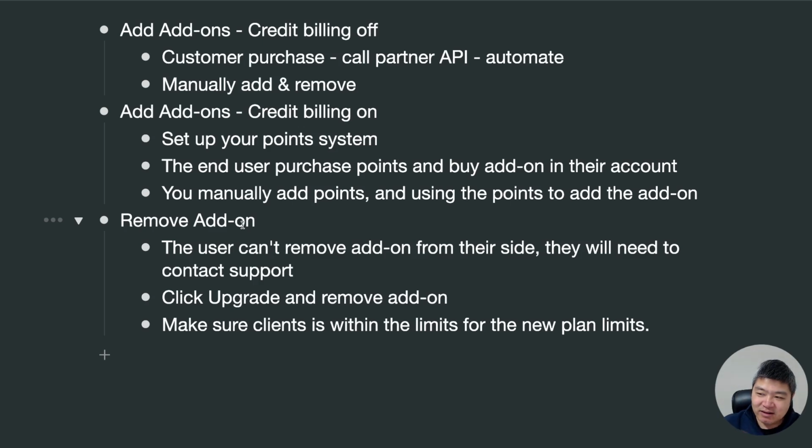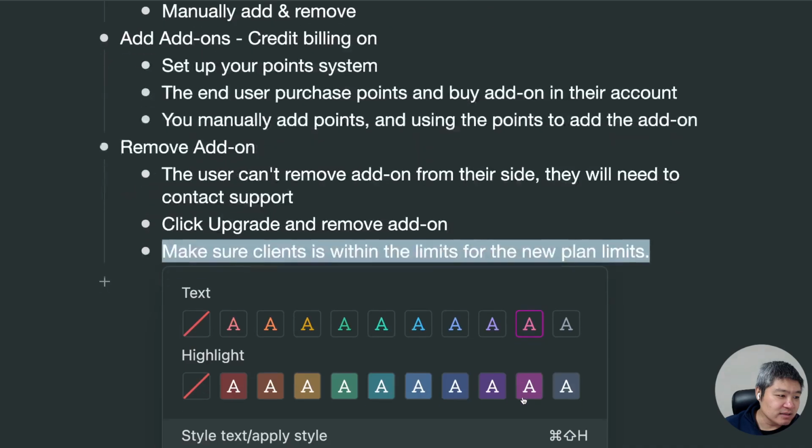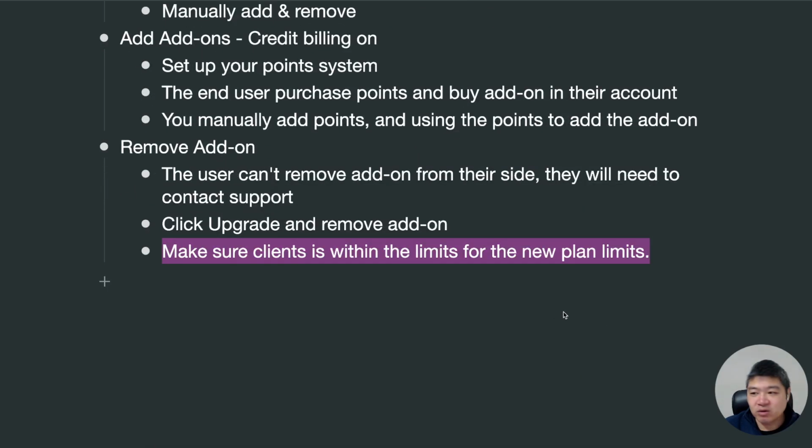For removing add-ons, the first thing I want to talk about is this one. Let me highlight this. This is extremely important. If you want to change the limits, you need to make sure your clients are within the limits.